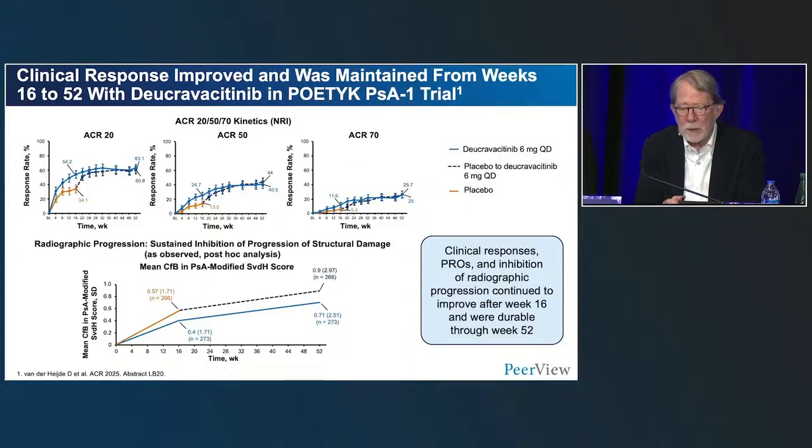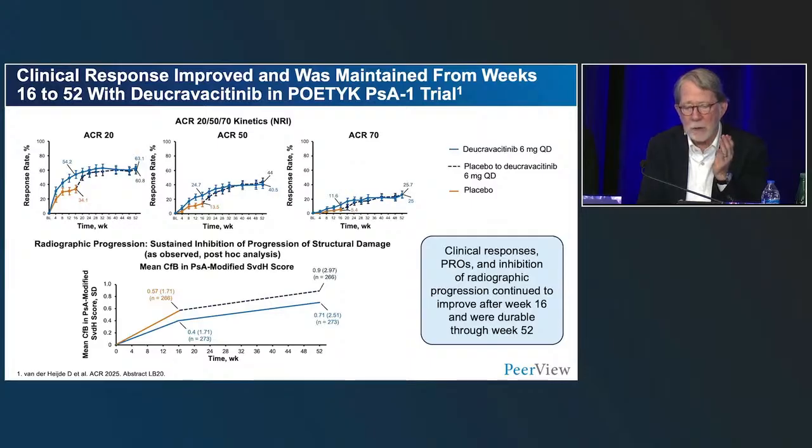So this is a post hoc analysis where all patients' x-rays were obtained at baseline and at the primary endpoint, and then again at the week 52 endpoint. There was one reading campaign for the week 0 to 16 x-rays, and then a separate reading campaign where the evaluators were blinded to treatment arm in the second period here.